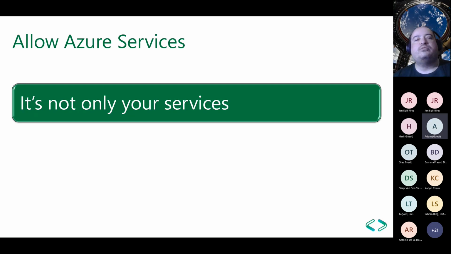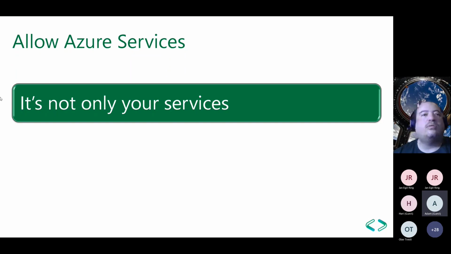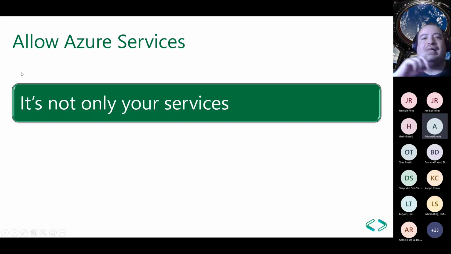Because this option is not only about your services. Many people think, oh, I will allow all my Azure services to connect to this Azure SQL. No, this option is not about your Azure services. This option is about any Azure service from anyone.